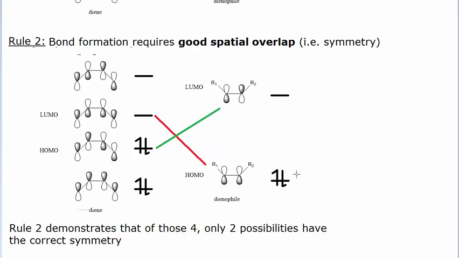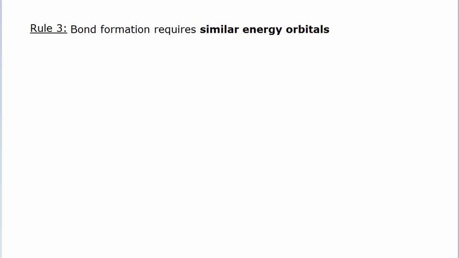It says we also have a symmetry requirement that only orbitals that have the right symmetry or spatial alignment can participate in bonding. Alright, and then we have this last rule here that says bond formation requires similar energy orbitals.